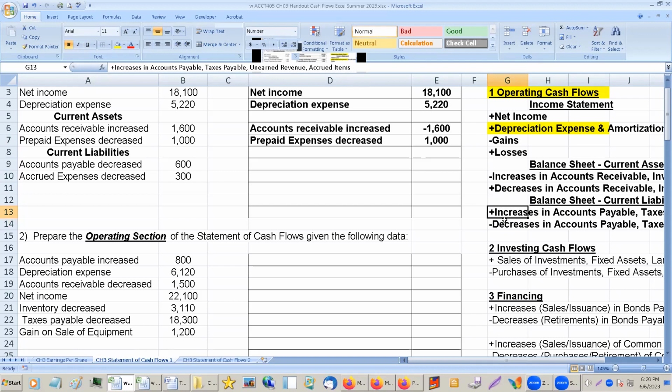If a liability goes up, your cash goes up. Think about taking out a loan. If you take out a loan, yeah, you owe more liabilities, but you got more cash. How do you decrease your liabilities? You pay them off. So if the liability decreases, your cash decreases. So these go in the same direction.